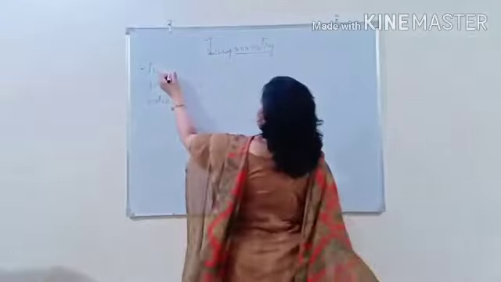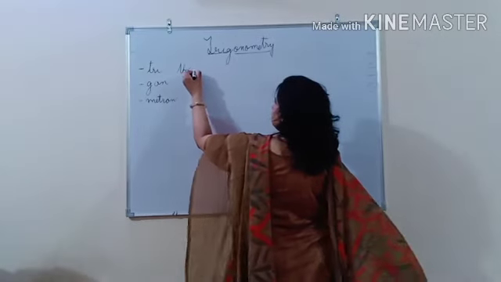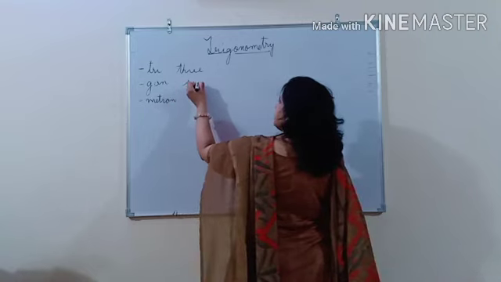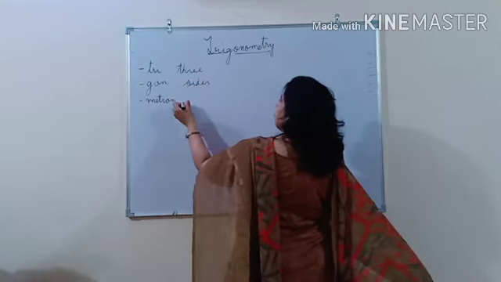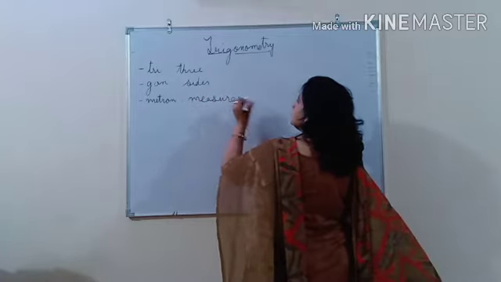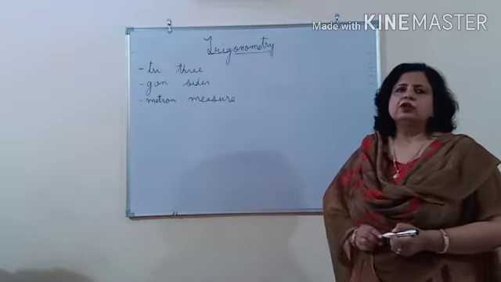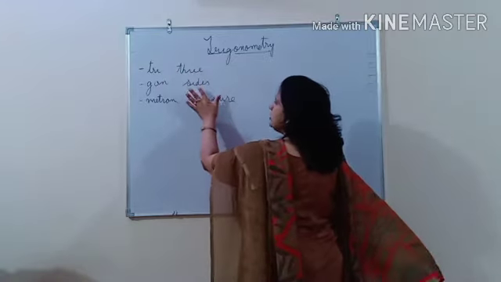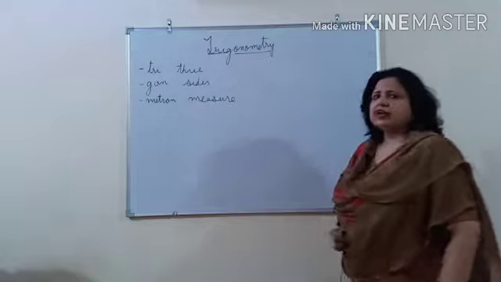Tri means three, gon means sides, and metron means measure. So trigonometry is the measure of the three sides of the triangle.